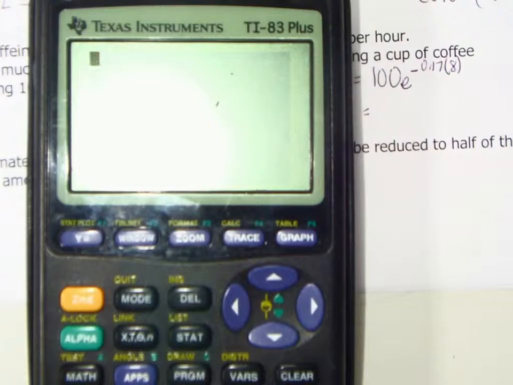Okay. If you go second ln, which is in your very left-hand column, second natural log, you get e to the power of. So we want to calculate the exponent first. So e to the power of negative 0.17 times 8. Hit enter.